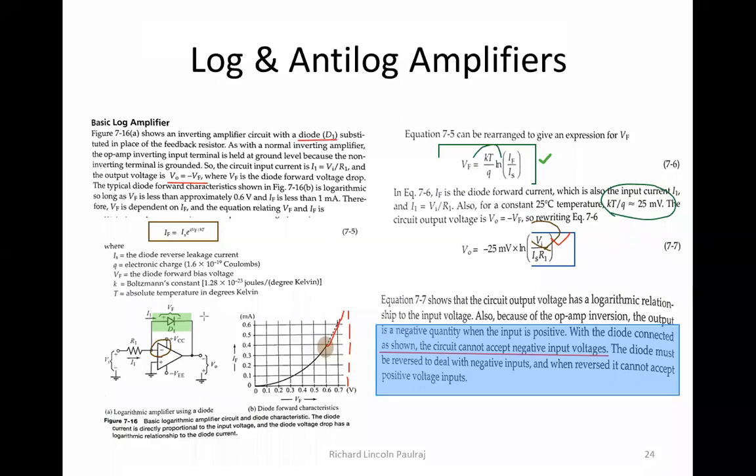So one thing you should understand, we're going to give a positive potential here. So this is going to be forward biased, making sure that it's between 0.6 volts and 1 milliamp, so that I get the proper logarithmic functionality here. So once I have this proper logarithmic value, then its name holds good, Log amplifier.